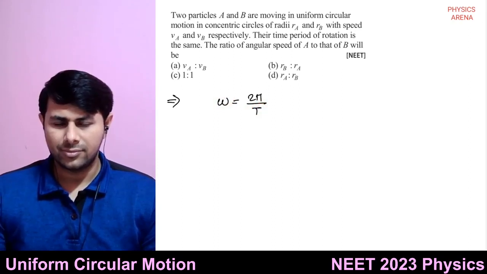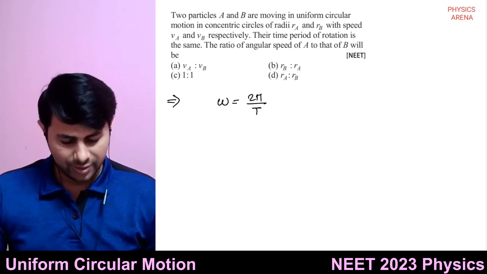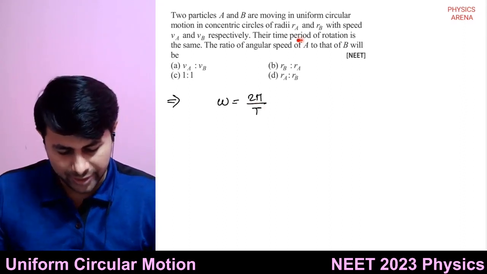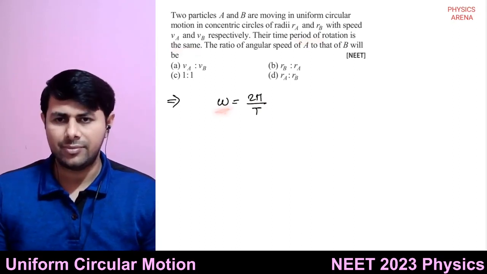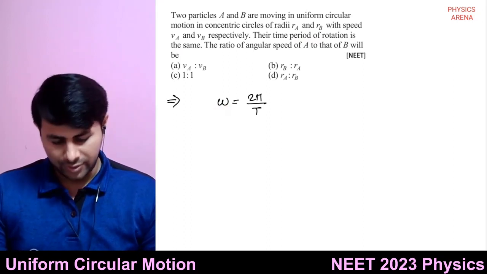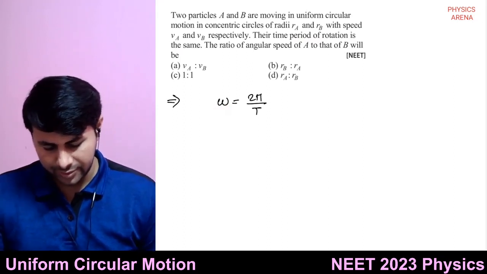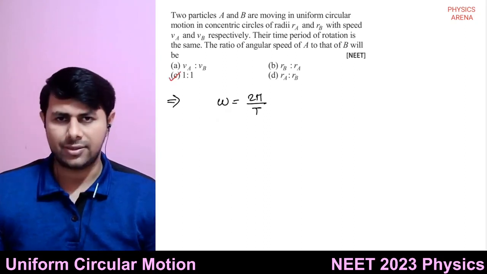It's inversely proportional, but there is no other variable. So if the time period of revolution is the same, omega will be the same. So what is the ratio? 1:1 is the answer.